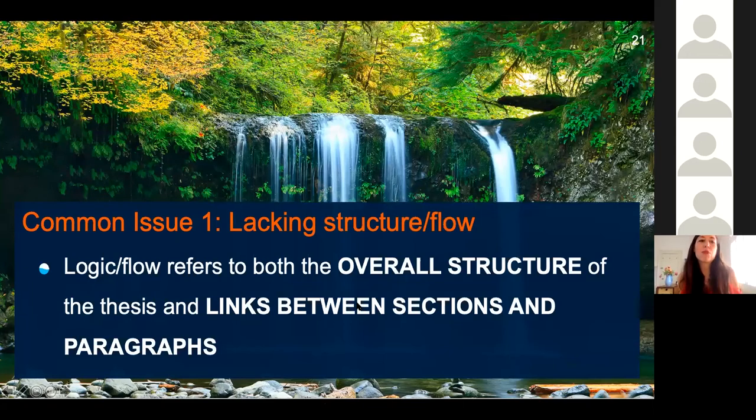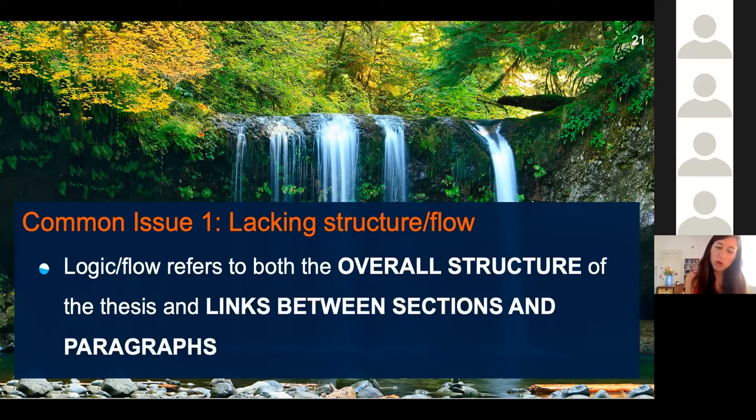I'm going to go through some common issues now, maybe three or four, related to the structure of writing, with some examples as well. So one issue, as I've already alluded to, is lacking structure and flow. Logic and flow refers to both the overall structure of the thesis and the links between sections and paragraphs.